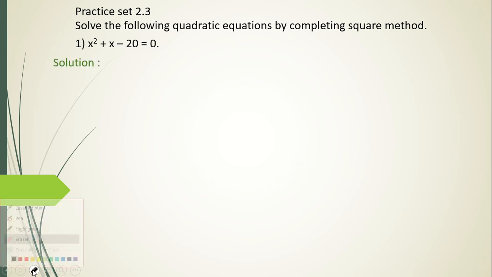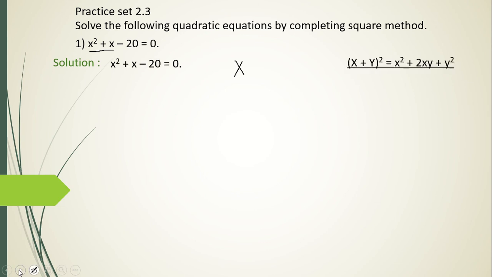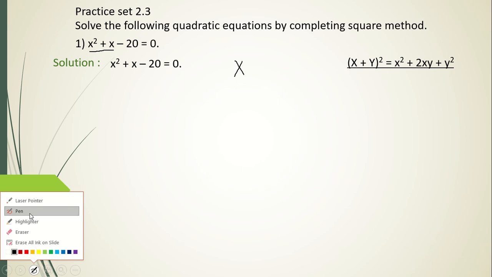Okay, now as I told you, the first step would be to compare the first two terms.